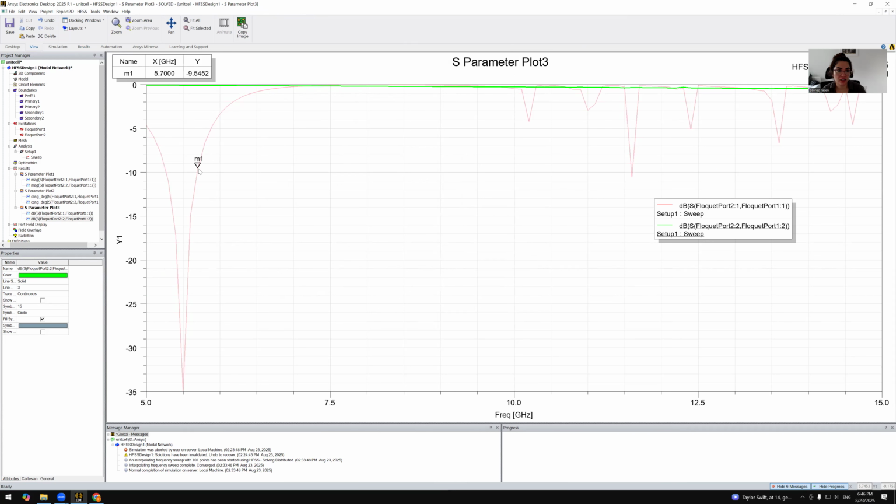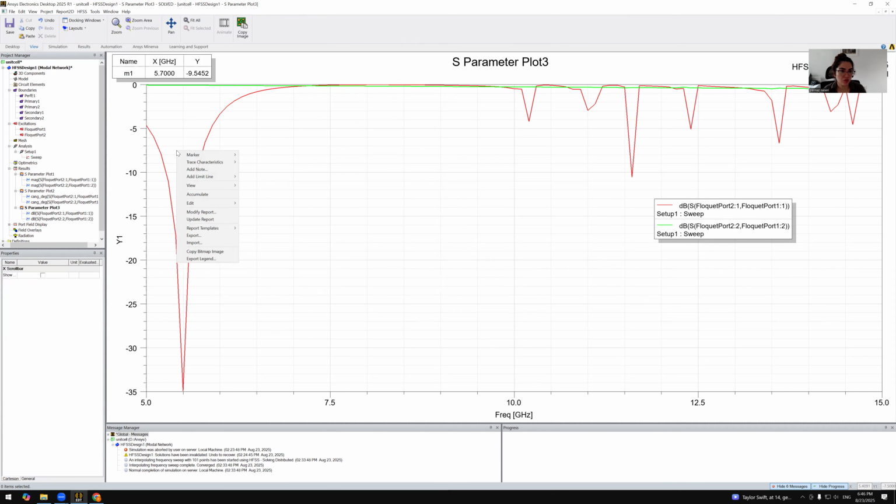5.7, the transmission coefficient of TE mode, 2 to 1, 1 TE. So transmission coefficient of TE between 5.7 gigahertz and then 5.2 is below 10 dB.